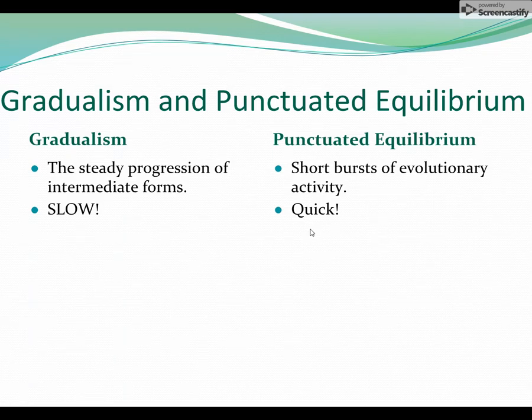Punctuated equilibrium is very quick. You have lots of genetic activity, you have lots of mutations occurring all at once, and you see body forms changing very quickly. And we have fossil evidence and DNA evidence for all of these, because remember, mutations are random.